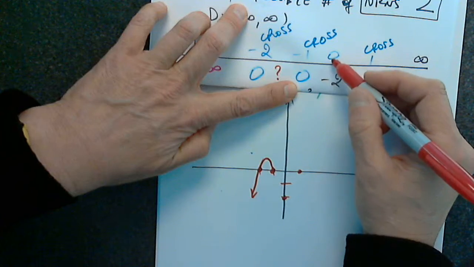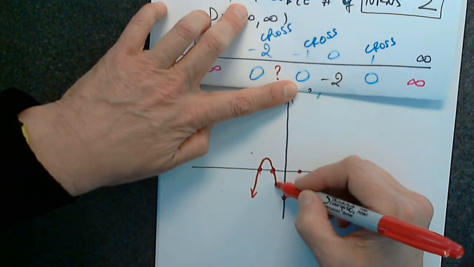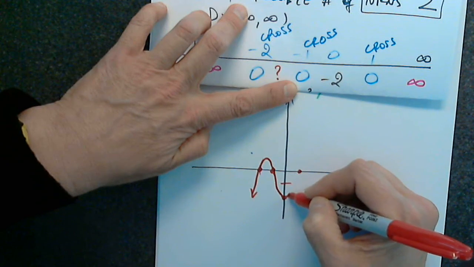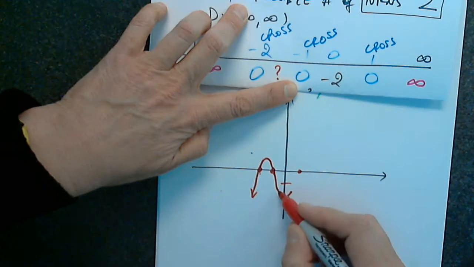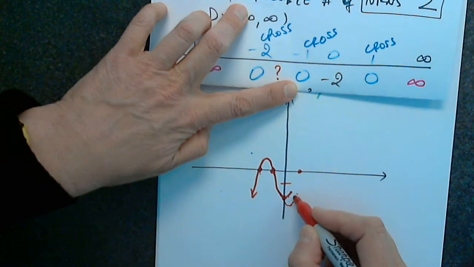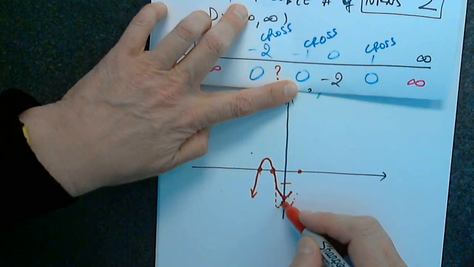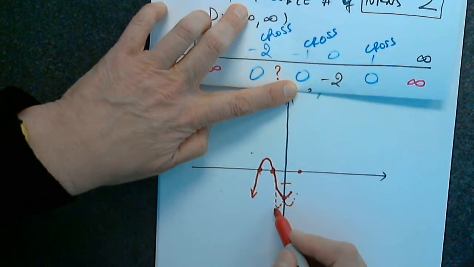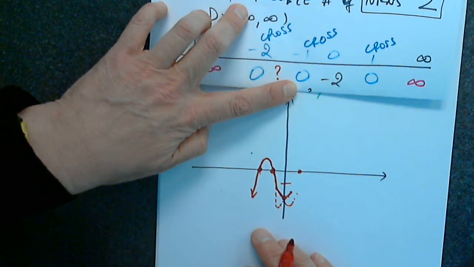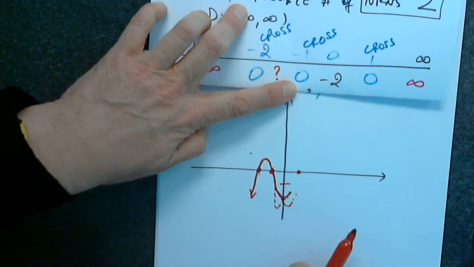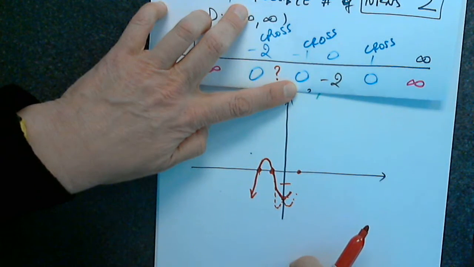Then it continues to 0, negative 2, but I don't know if it turns here, or if it continues. So there are 3 possibilities. In college algebra, we cannot determine that. We have to look at the graphing calculator.